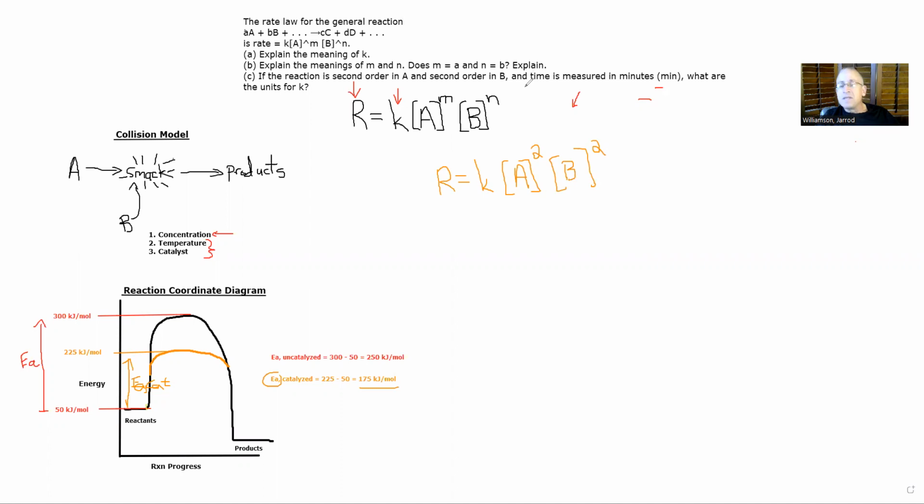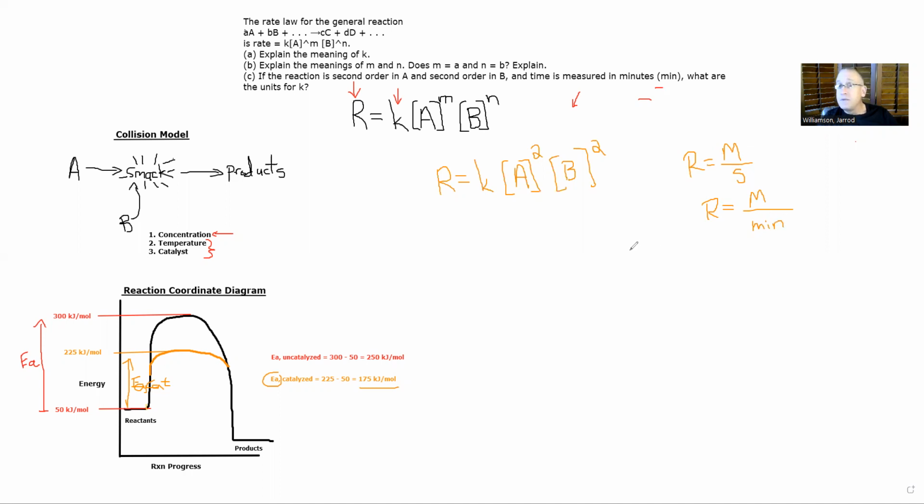That's what it means in this example. And time is measured in minutes. That means, and remember, the rate is typically molarity per second. That's what we've seen frequently so far. But here, the rate is going to be molarity per minute.